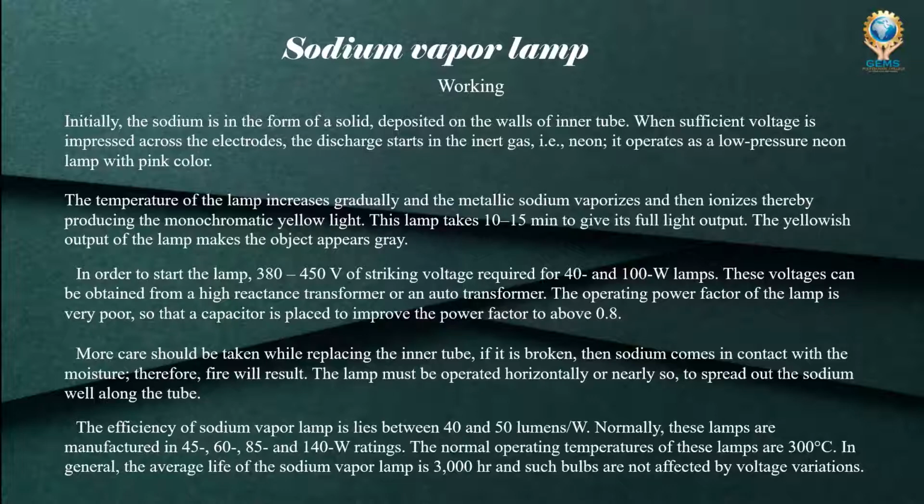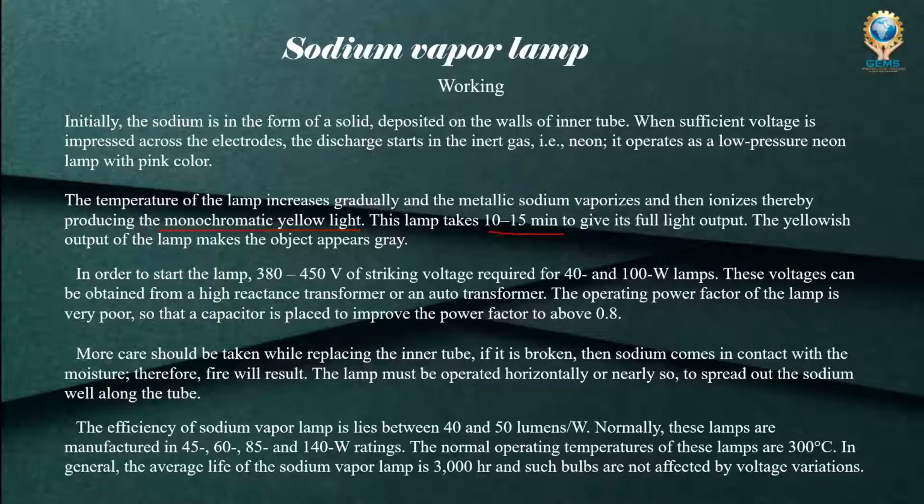The temperature of the lamp increases gradually, the metallic sodium vaporizes and then ionizes, thereby producing monochromatic yellow light. It takes 10 to 15 minutes to give the full light output. Please note this point.